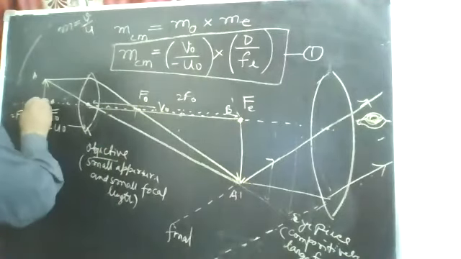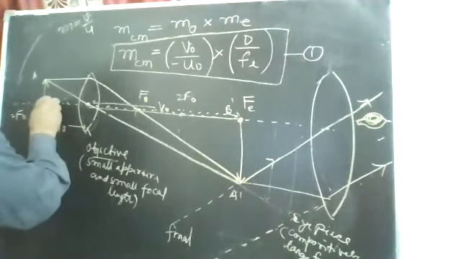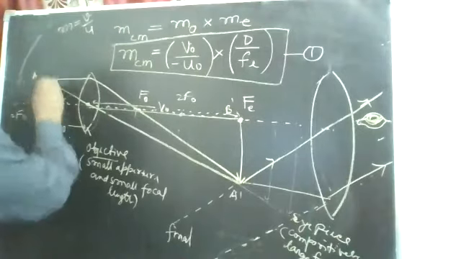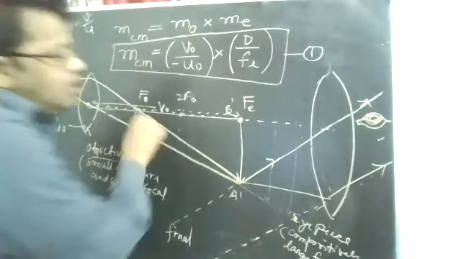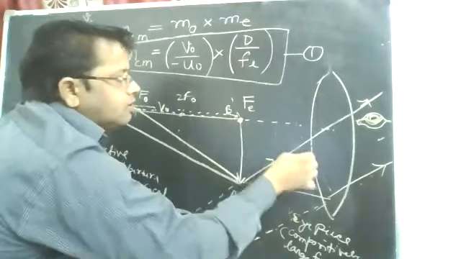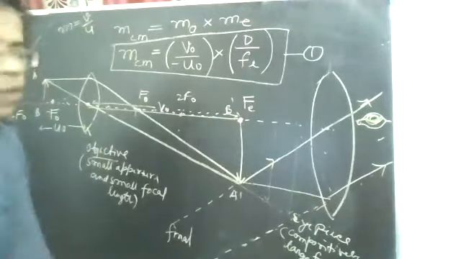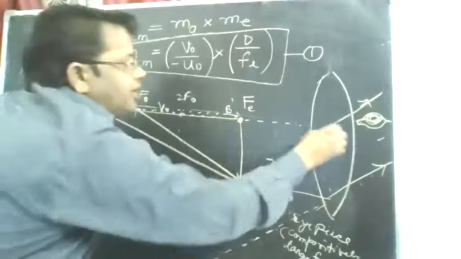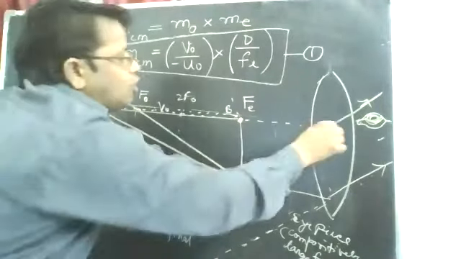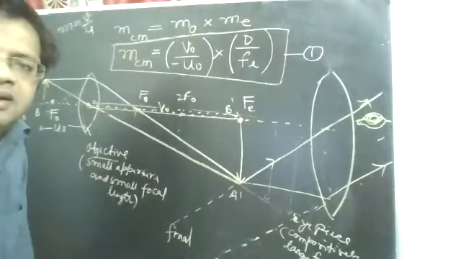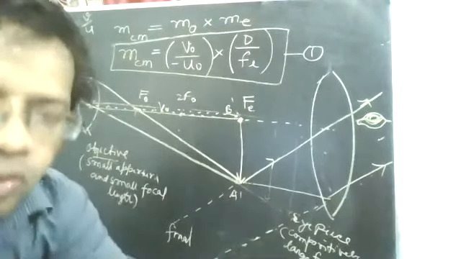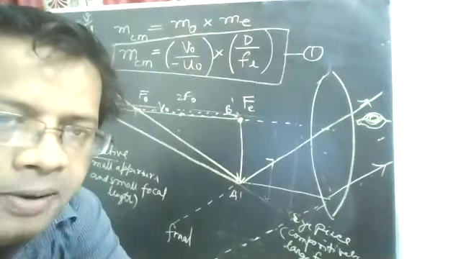When we move this object close to the focus point, the image forms near the eyepiece lens. So the image distance can be treated as the total length of the compound microscope tube.